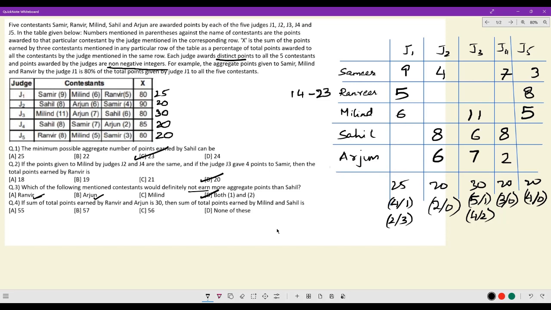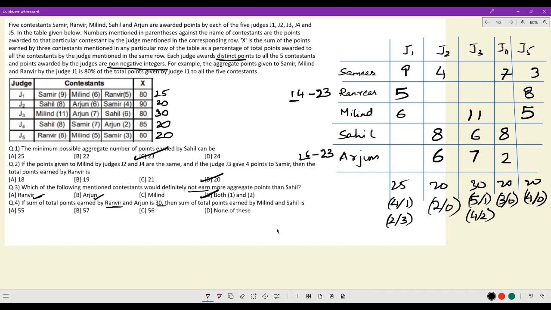For Arjun, the minimum points he can earn from judge 1 is 1 and from judge 5 is 0. So 1 plus 6 plus 7 plus 2. Minimum points he can earn is 30. Maximum points he can earn is 4 plus 4, 8 more. So 23.